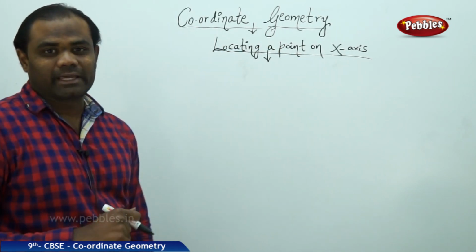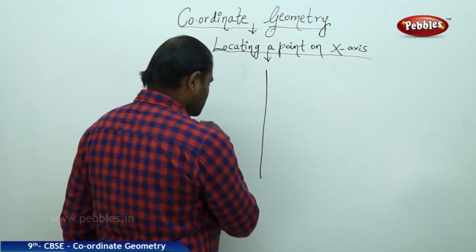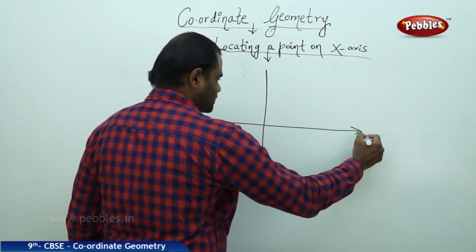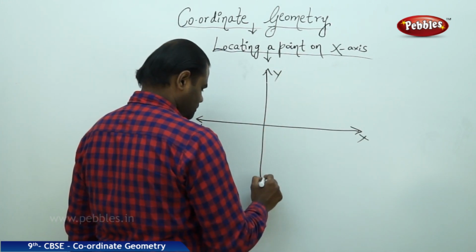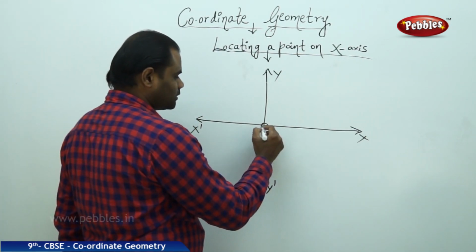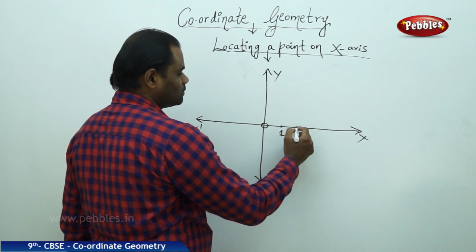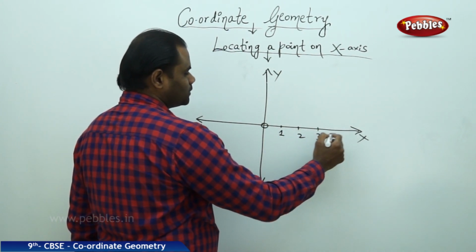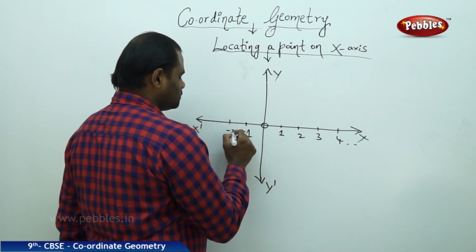So let's recap with the Cartesian plane, with x dash and y dash, with origin being the intersection. Let me take the points 1, 2, 3, 4, minus 1 and so on.